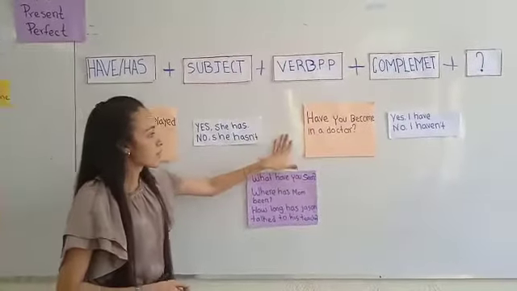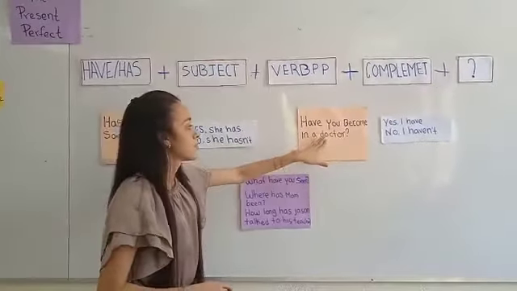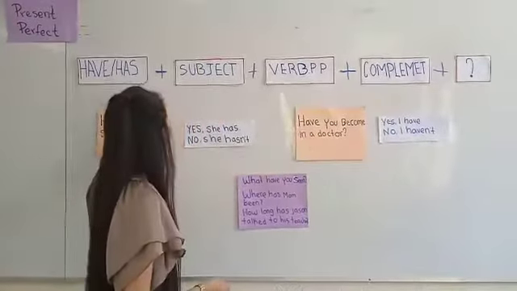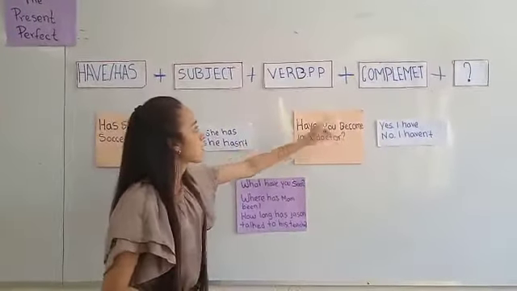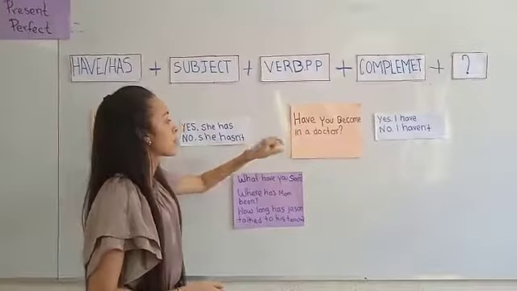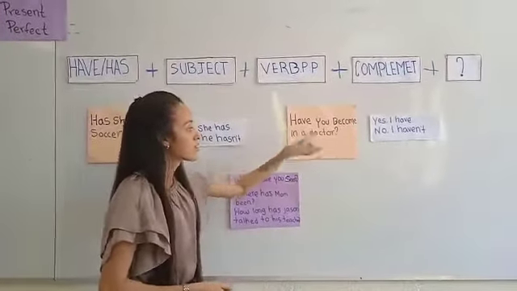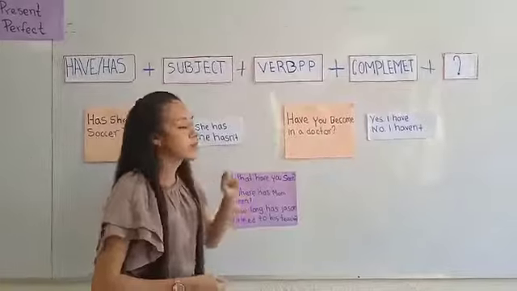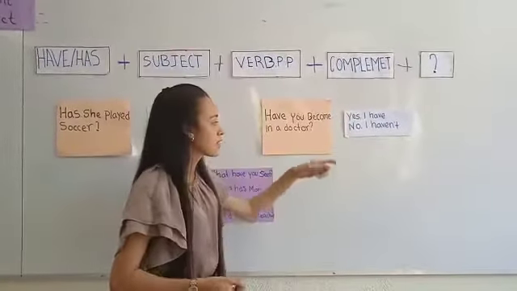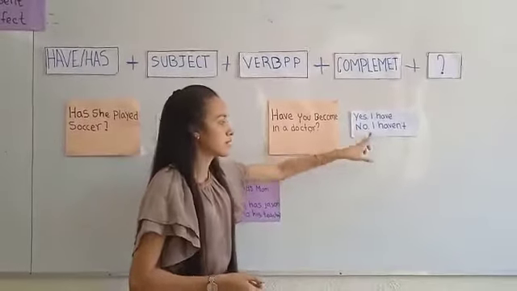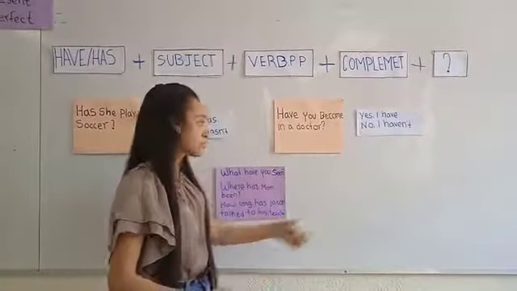Now, the other example: have you become a doctor? Have, auxiliary; you, subject; become, verb in the past participle; a doctor, complement; and question mark. The answers can be yes, I have, in positive, or no, I haven't, in negative, with contractions.